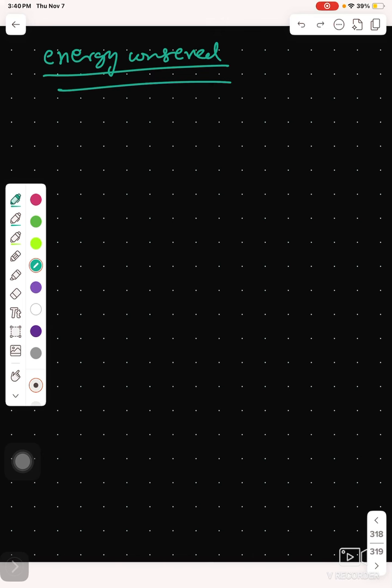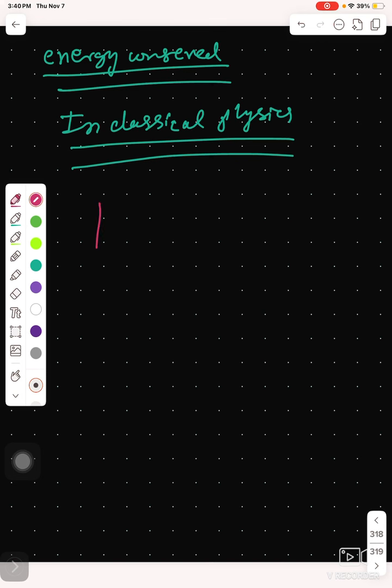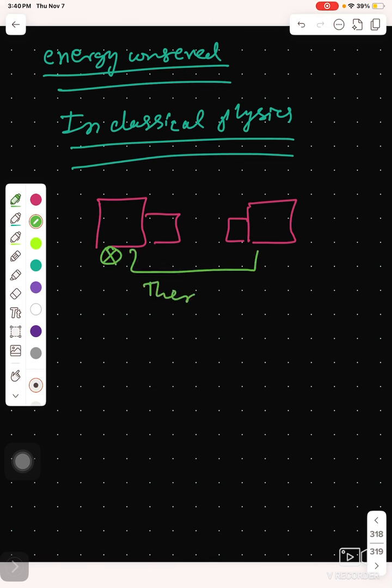In classical physics, if we have two cars coming into each other, their energy and momentum are conserved.